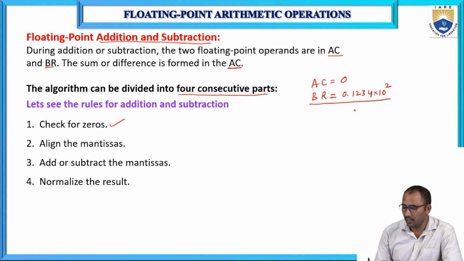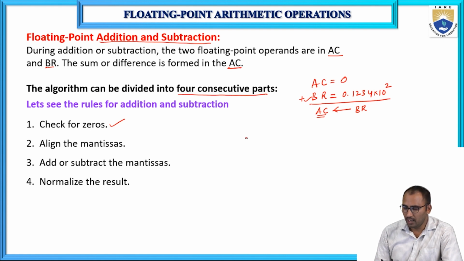Here we are performing addition, so the value of the BR register is added with the contents of the accumulator. The result is equal to the value of the BR register. The BR register value will be transferred to the accumulator, because after performing any arithmetic operation, the result is stored in the accumulator register.